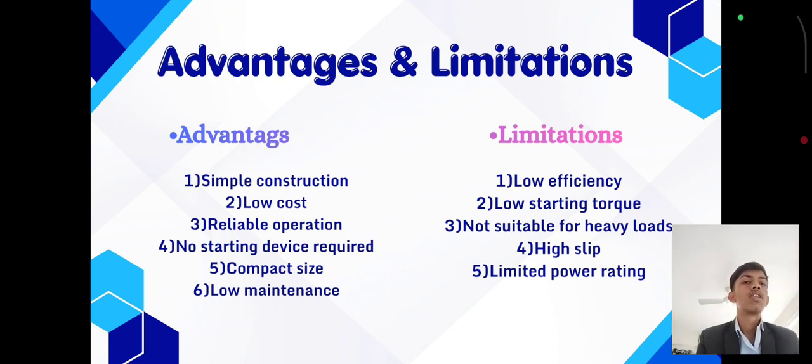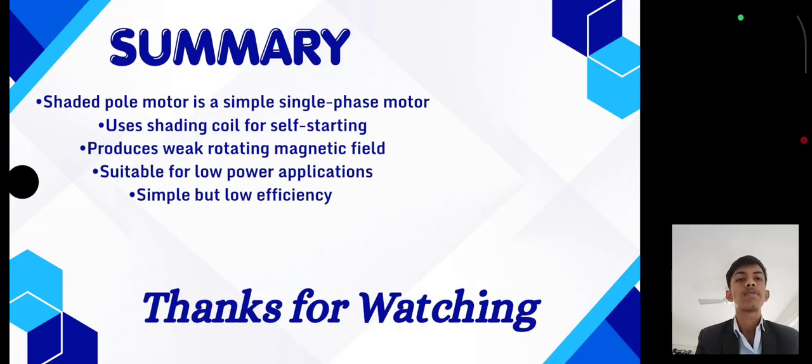And there are a few limitations like low efficiency, low starting torque, not suitable for heavy loads, high slip, and limited power rating. Those are the limitations of the shaded pole motor. I hope you understand the advantages and limitations. We can go to the next slide.